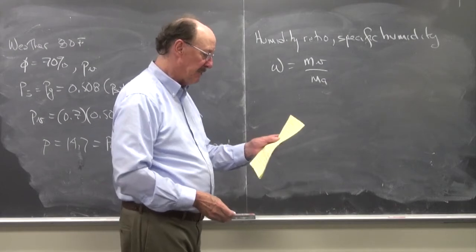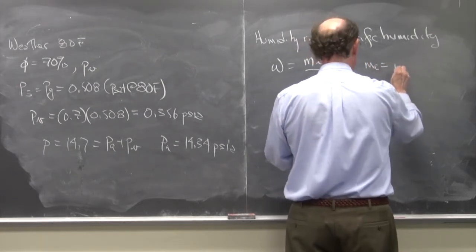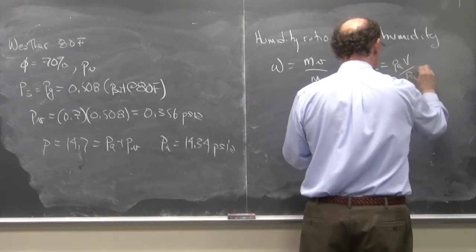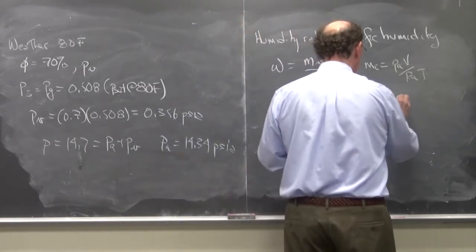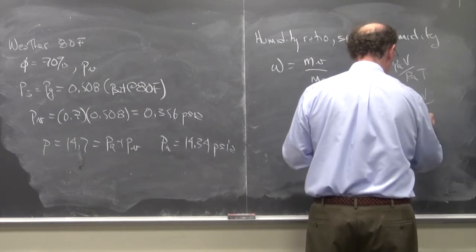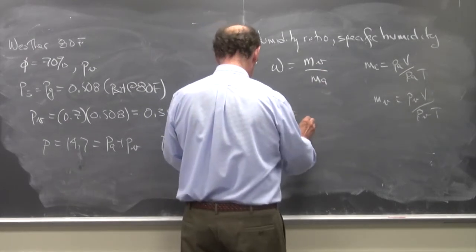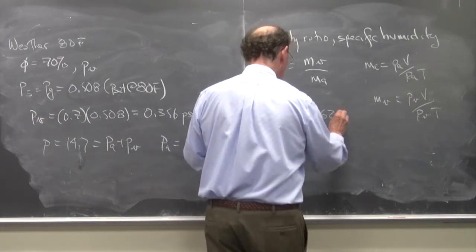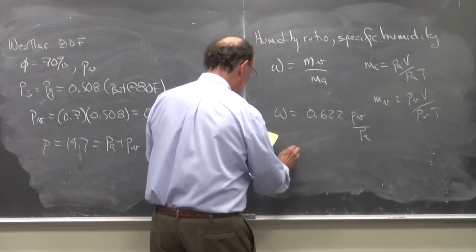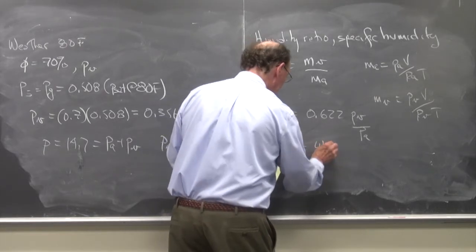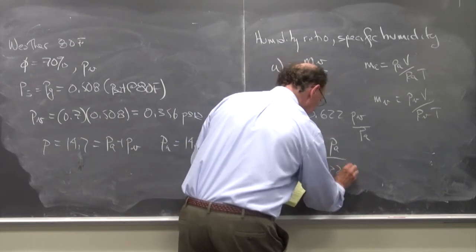And I can use the ideal gas law, so MA is equal to PA V over RA T, and MV is equal to PV V over RV T. If I substitute this in, I get that omega is equal to 0.622 P sub V over P sub A. And the relative humidity is equal to omega PA over 0.622 PG.